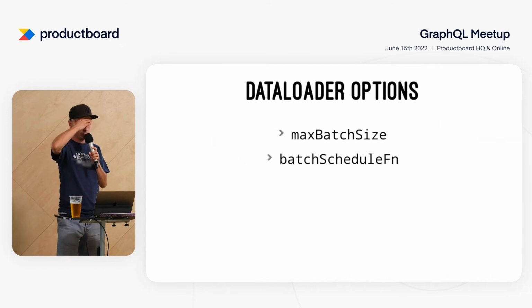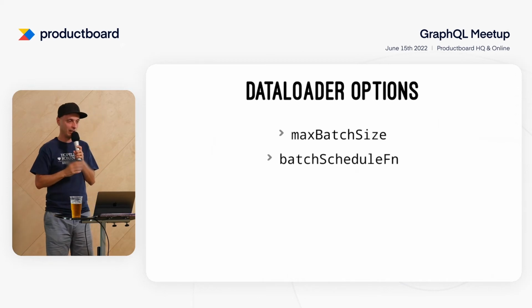Yeah, by the way, I also forgot to mention that the data loader, like Relay and GraphQL, also comes from Facebook, and it's really an old pattern, because it was published in 2010, and originally it was not connected with GraphQL at all.